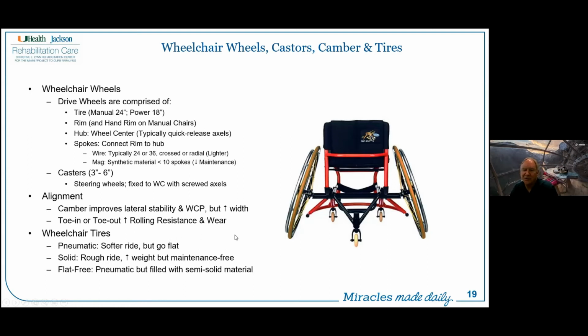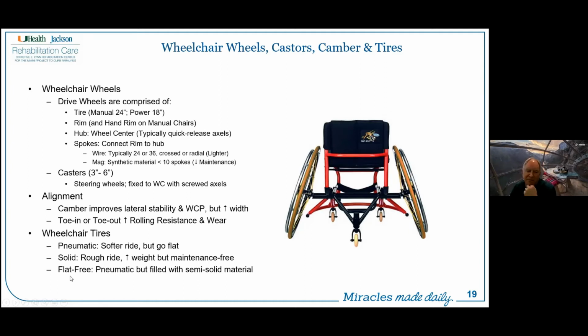And then the tires, you can choose from pneumatic, solid, or flat free. Pneumatic tires are like bicycle tires that you have to put air into to pump them up. This gives you a softer ride, but there's the potential that these will go flat. And if you're in an environment where you're likely to get a lot of flat tires, you might want to consider a solid wheel instead. This is going to give you a rougher ride and increased weight, but these are maintenance free.